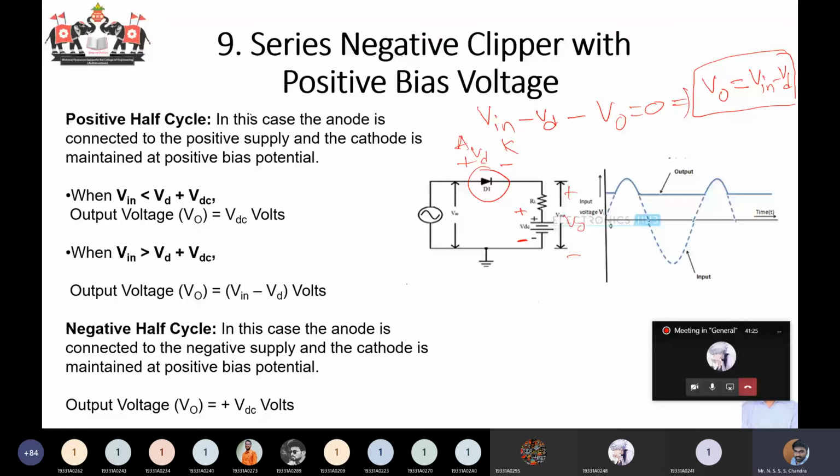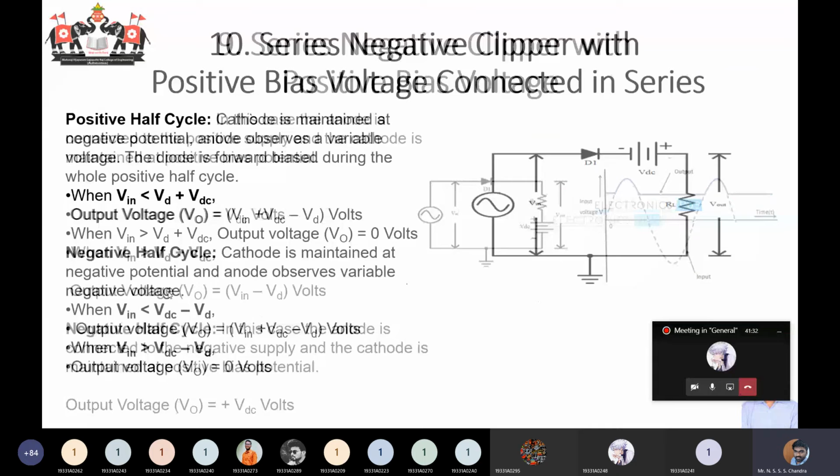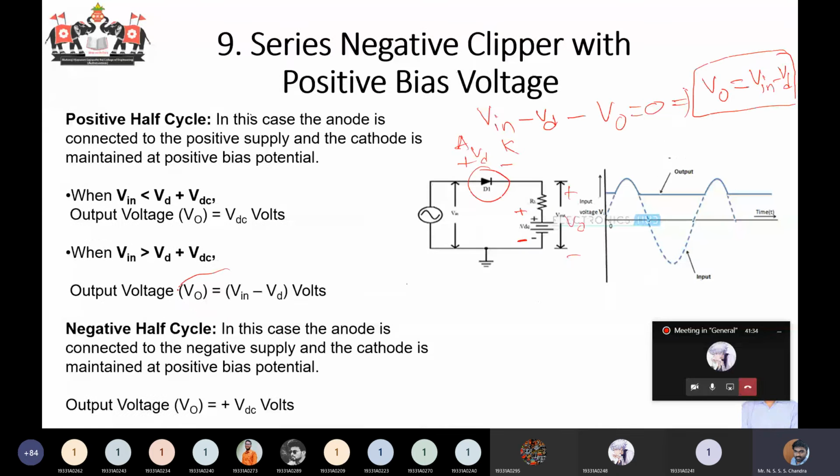Okay. So V0 equal to VIN minus VD when the diode is conducting. That's what you are seeing here. V0 equal to VIN minus VD. When the diode is not conducting, when the diode is open, then there is no drop across your resistor because current is not flowing.